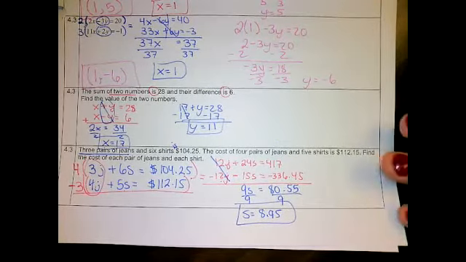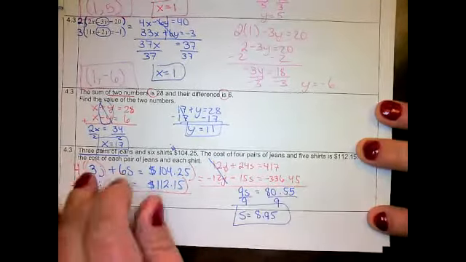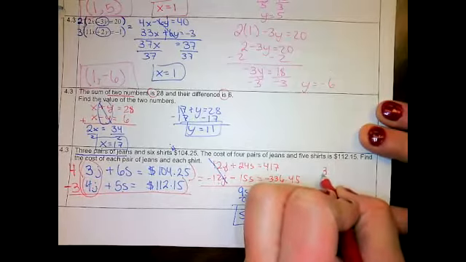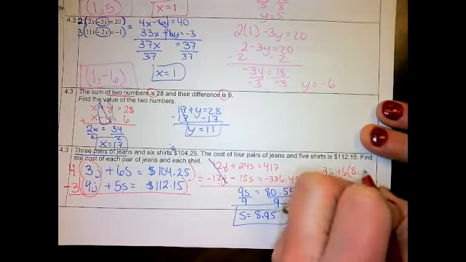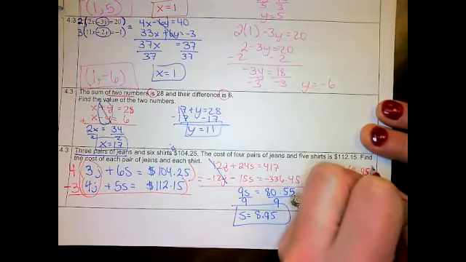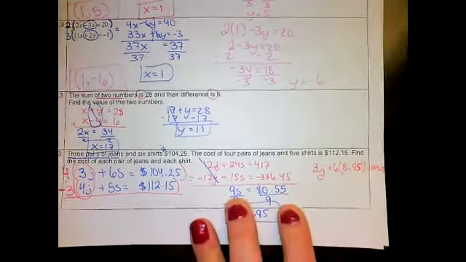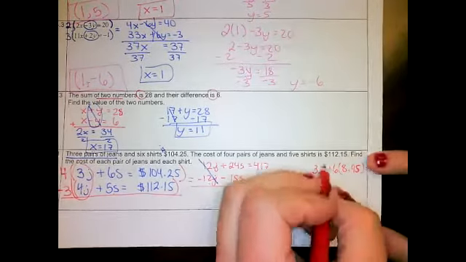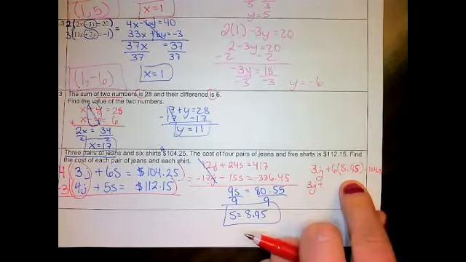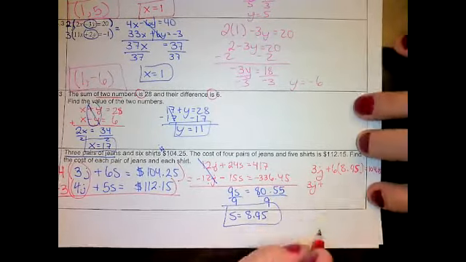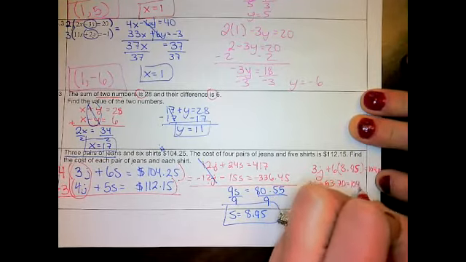So now I need to go on ahead and I need to find my cost of my jeans. So I'm just going to choose either one of these original equations. So 3 times my jeans plus 6 shirts at $8.95 each equals that 104.25. So 3J plus 6 times $8.95, $53.70 equals 104.25.